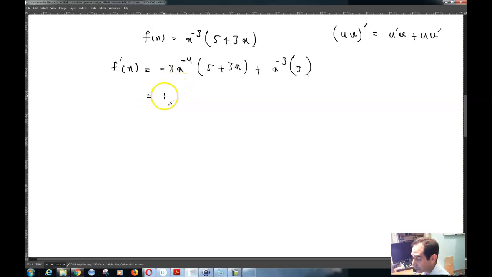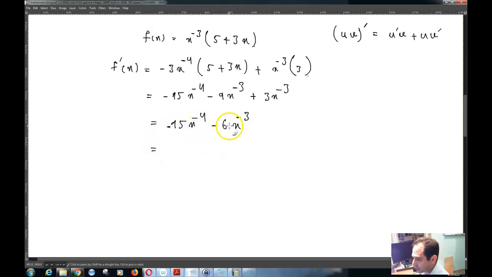And that is equal to -15 x raised to the power -4 -9 x raised to the power -3 plus 3 times x raised to the power -3, which is equal to -15 x raised to the power -4, -9 plus 3 is equal to -6 x raised to the power -3.